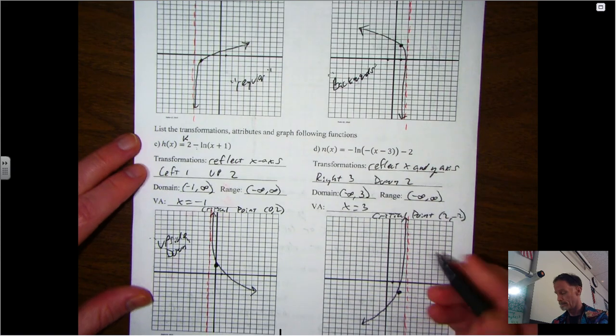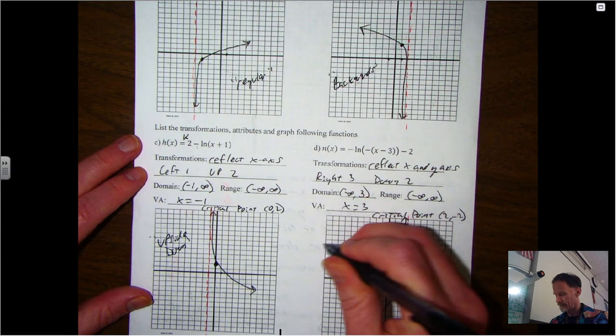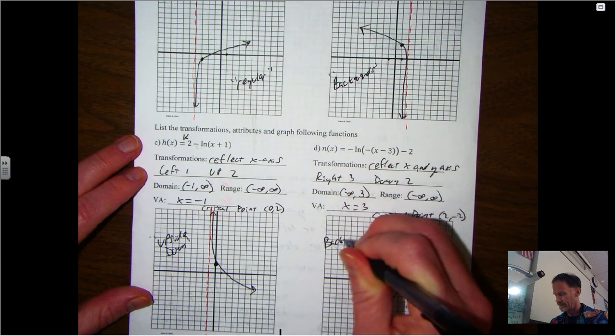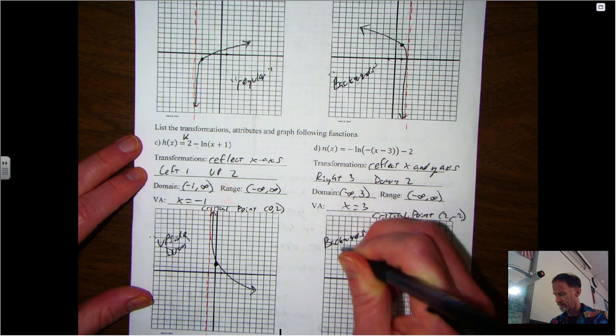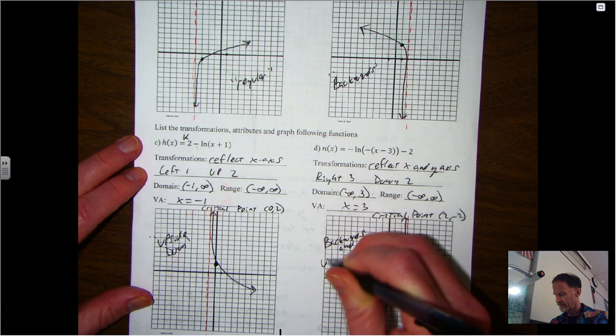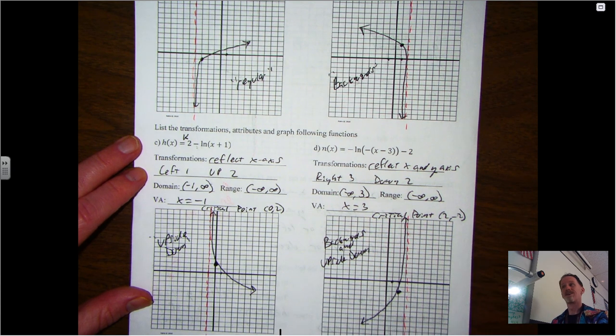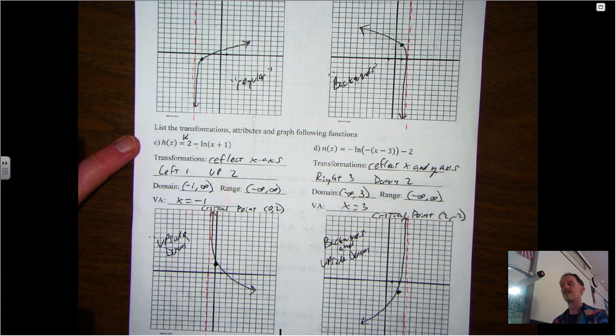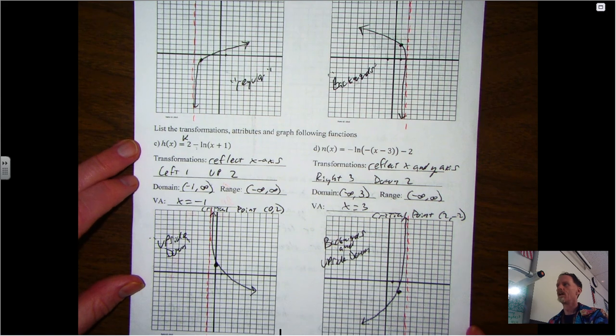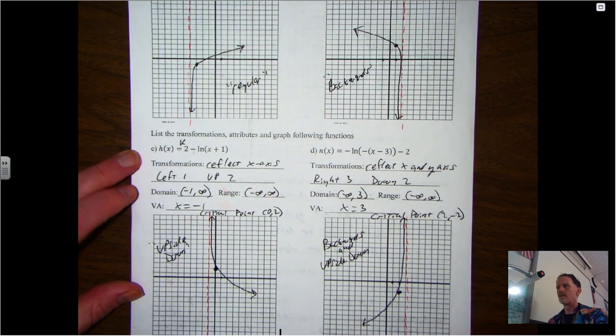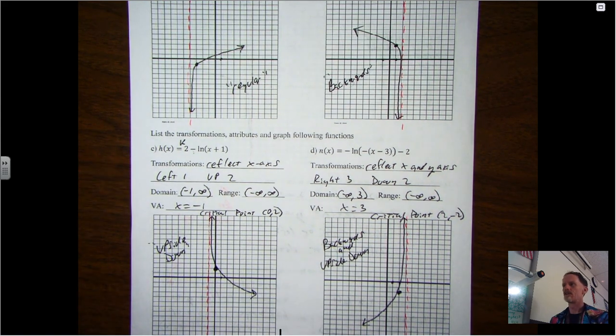And then this is both backwards and upside down. And that's the only combinations you're going to get, really. Okay, so make sure you're comfortable with graphing these simple transformations of exponentials and logarithms.